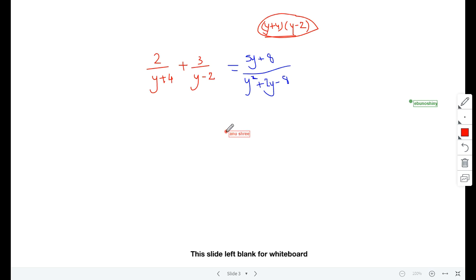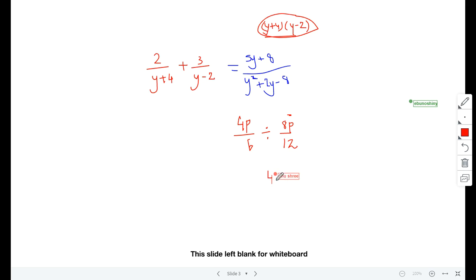Now, the next is division of rational expressions. It's given as 4p divided by 6, this is the first expression, and divided by the second expression. When two different expressions are there and you have to divide, you just have to take the reciprocal of the second one.